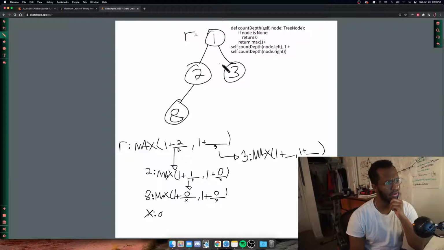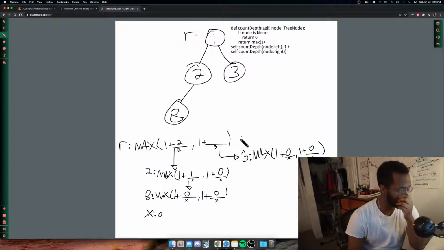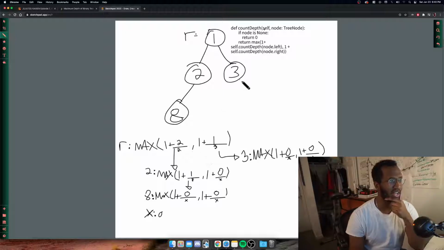What are the left and right nodes of 3? They're both null or none. What did we say the value was when they were both null or none? 0. So we're going to return 0 here. Which one's bigger, 1 plus 0 or 1 plus 0? It doesn't really matter, it's the same answer, so we just return 1 here. So in the end, our final question is which subtree is deeper, the left subtree or the right subtree?